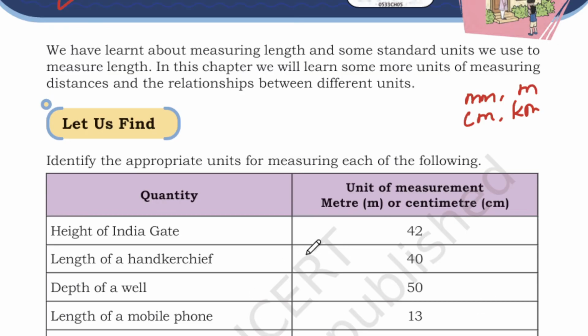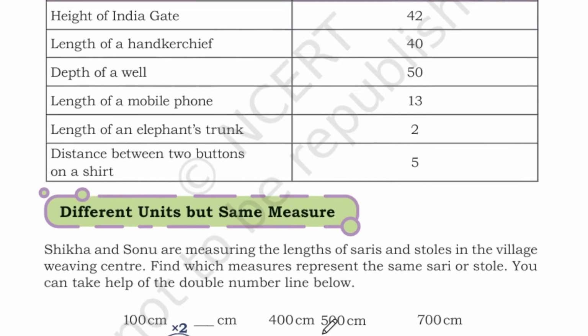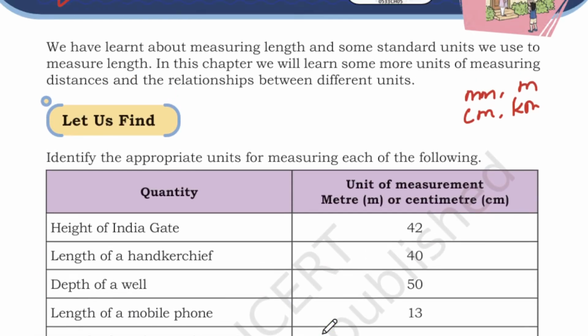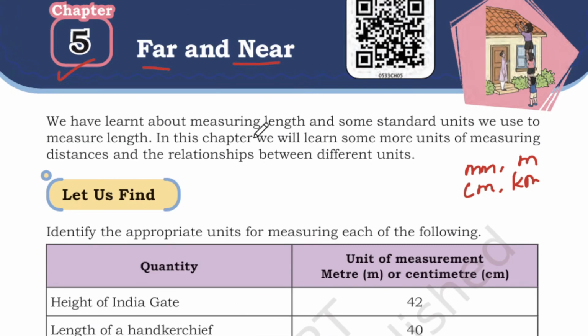When you go to secondary standards like 6th, 7th, 8th, you will start studying yards and inches also. But in this chapter, we are going to see centimeter, millimeter, and kilometer. In this chapter, we will learn some more units of measuring distance and the relationship between different units.